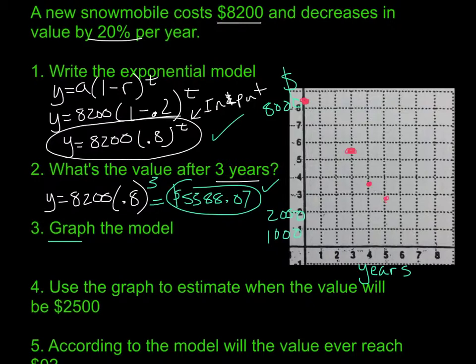And at 6 years, it's 2,100, so that's about here. And at 7 years, it's about 1,700, so that's about here. And at 8 years, it's about 1,400, so about here. And if we sketch the curve, we'll get something that looks like that.